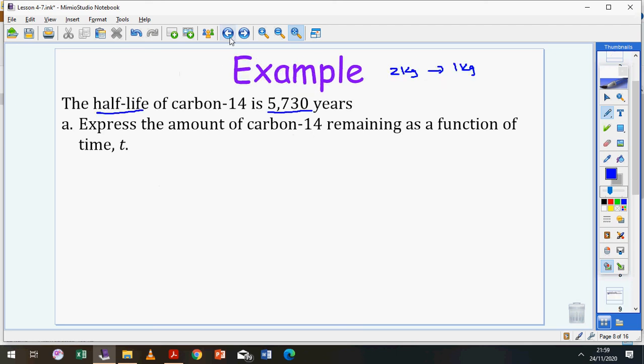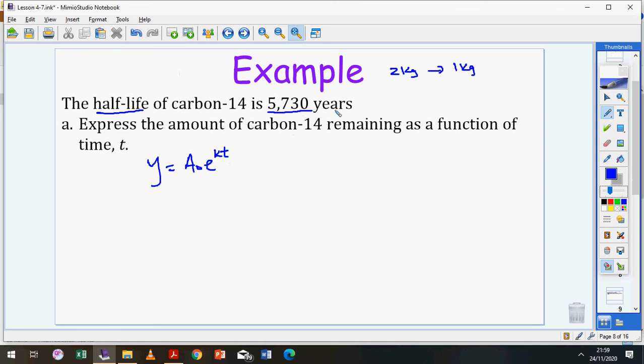I'm going to use my initial model. Y is equal to n naught e to the power k times t, right? So I've been told that its half-life is 5730 years.